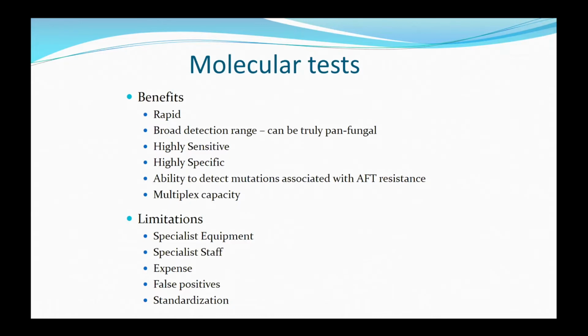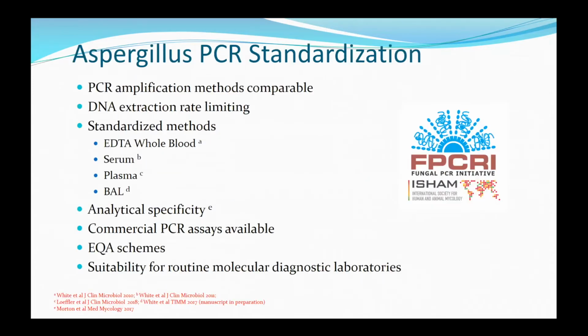One of the major reasons for not using molecular tests is lack of standardization. However, that's not necessarily the case anymore, certainly for things like Aspergillus PCR, through the efforts of the Fungal PCR Initiative, formerly known as the European Aspergillus PCR Initiative. We have standardized the approach for Aspergillus PCR testing, primarily of whole blood, plasma, and serum, but we're just about to report on standardization of BAL fluid as well.